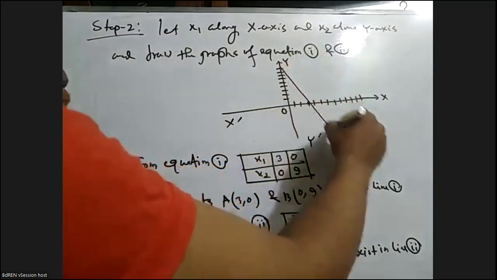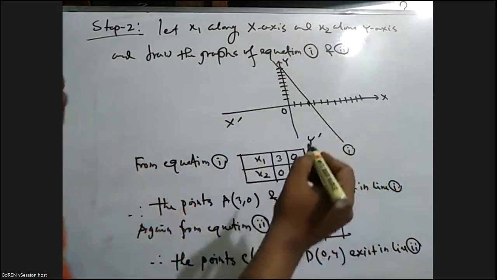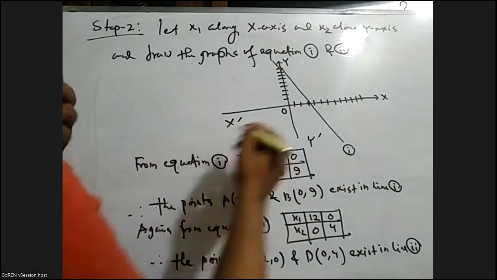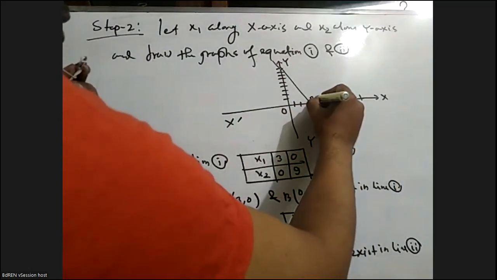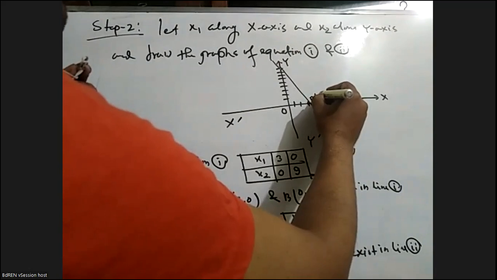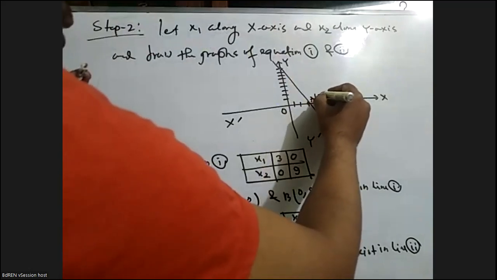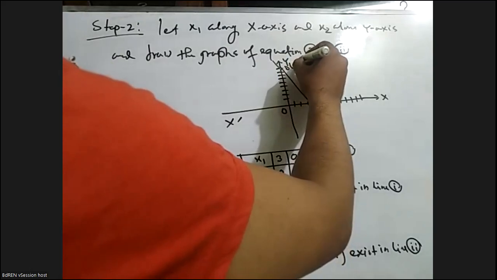So joining, okay, this is the equation number 1. So this is the A point (3, 0), and this is the B point (0, 9).